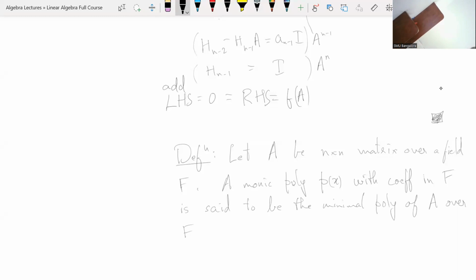Minimal polynomial of A over F if p(A), when you plug in A, it should be 0, and p is the smallest degree polynomial with this property.